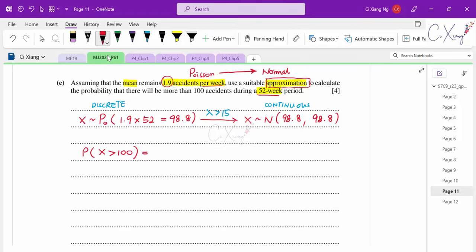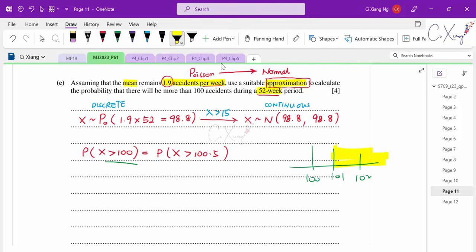Okay, so this one is before the continuity correction. So after the continuity correction, it should be x greater than 100.5. If let's say you don't know how to decide it, then basically you can try to list out all the possible values first, 100, 101, 102. So when they mention greater than 100, that means I want to start from 101, right?